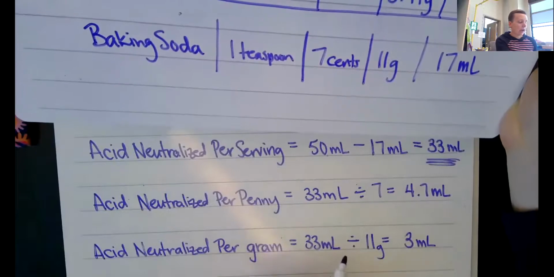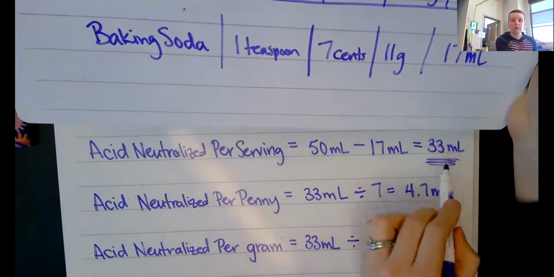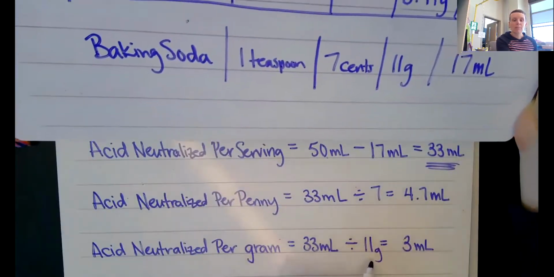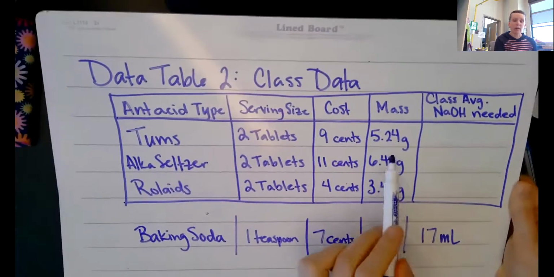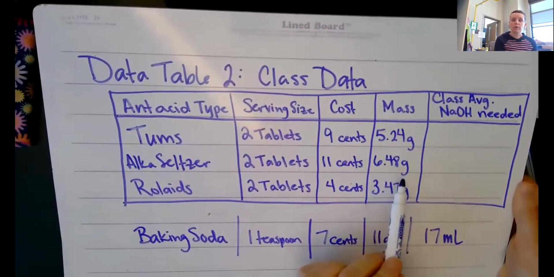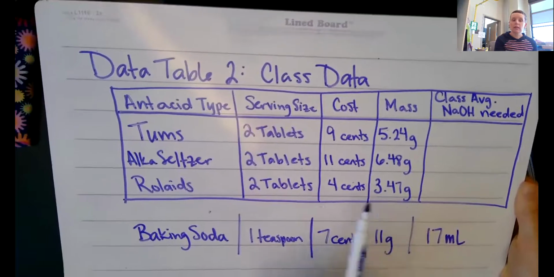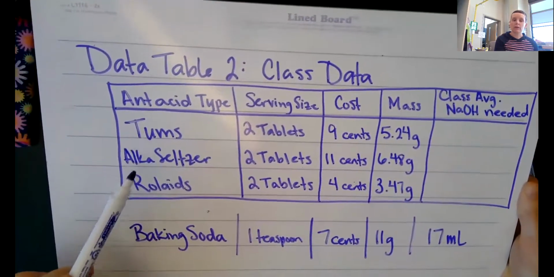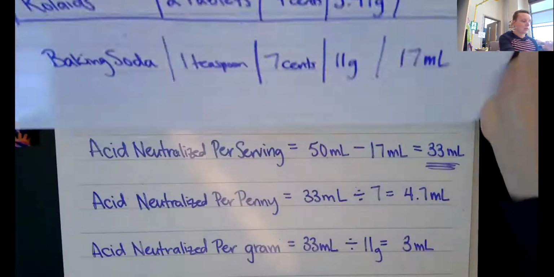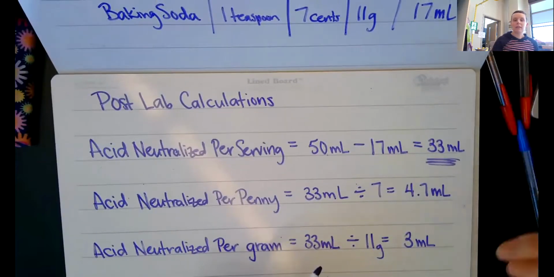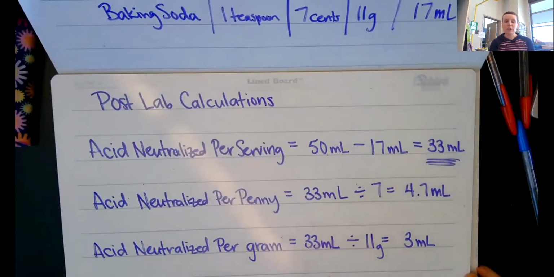And then you'll take your acid neutralized again from your first row and divide by the masses, not by 11, but by 5.24, 6.48, or 3.47, depending on whether you're working on Tums, Alka-Seltzer, or Rolaids. Record all of those answers, and then you should be able to analyze those questions.